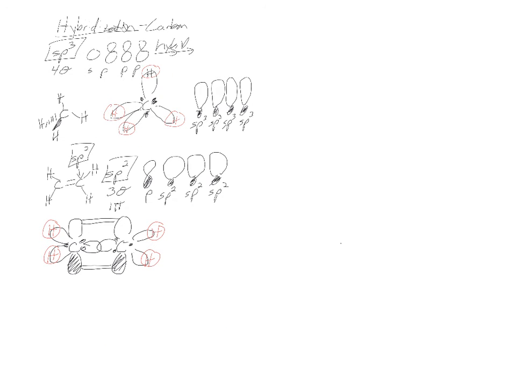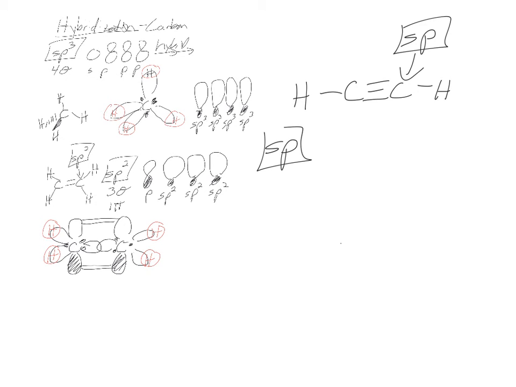All right, the last one then would be something like this, an alkyne. Now this hybrid state is of course going to be sp, box that in, and has linear geometry. So we know it has 2 sigma and 2 pi bonds, a triple bond.